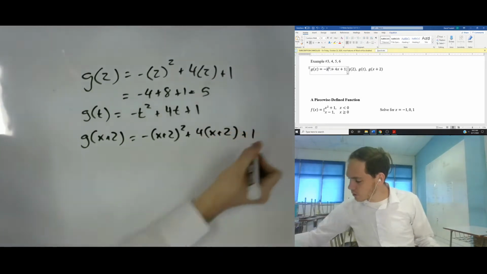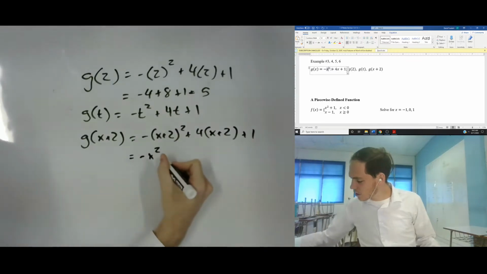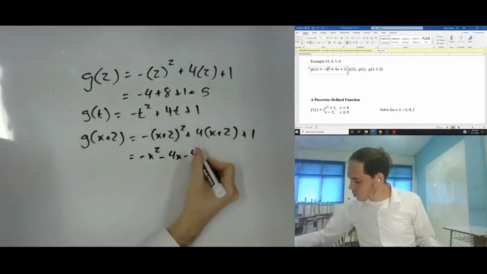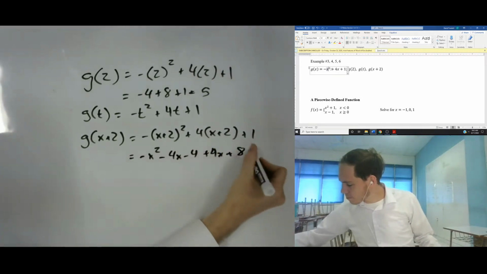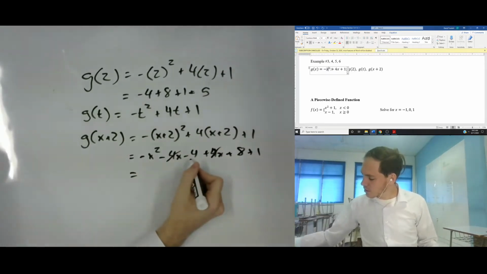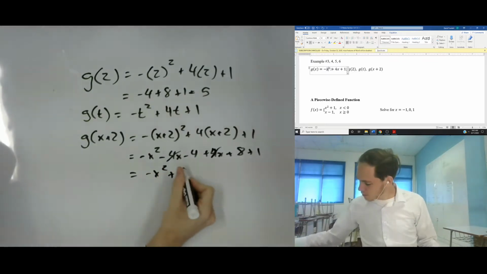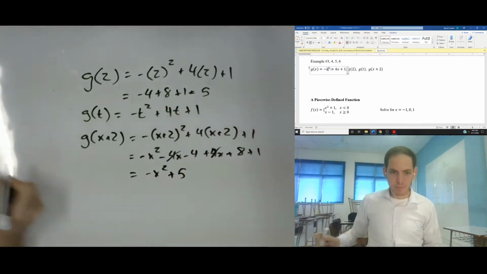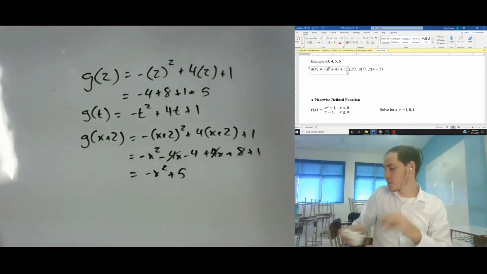And if I do that, I'm going to get negative x squared minus 4x minus 4 plus 4x plus 8 plus 1. So what I'm going to get is these two cancel. This is going to go with this, so I'm getting negative x squared plus 5. Okay? And that would be how we do that question.